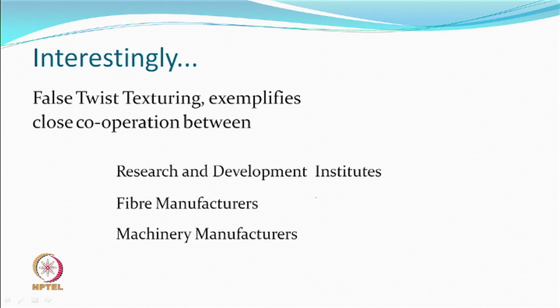So, this was not like you have some problems in one and you keep blaming the other person that your machine is not good, your material is not good. They understood that now they are dealing with a different material and everything has to be differently done, and therefore, a big cooperation has been there. Everyone has been helping each other to understand the problems and also then find solutions to the problems.